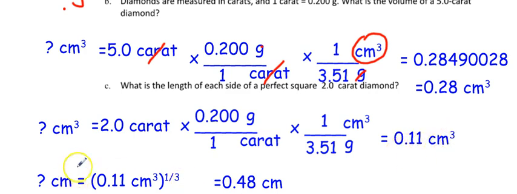Well, all I did is I took, in a sense, the cube root. I couldn't really type cube root out very well, so I made it to the 1/3. Same thing as saying the cube root. And I just took the cube root of 0.11 and I found 0.48 centimeters. So this perfect 2-carat diamond that's a perfect cube is 0.48 centimeters.